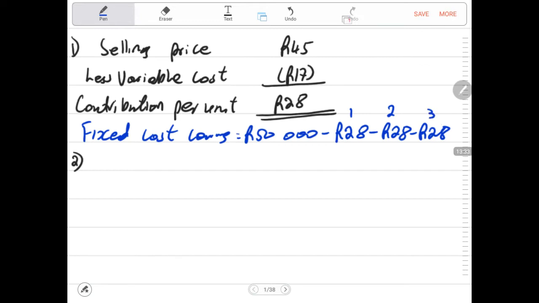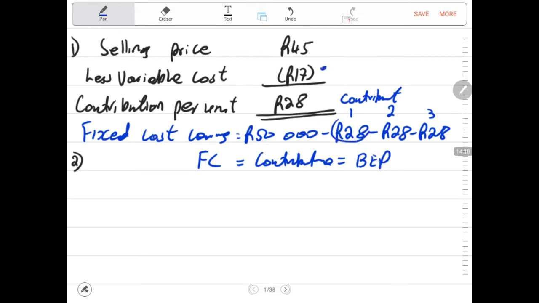We take that remainder after variable cost have been taken into account, and we deduct it from our fixed cost, because fixed costs were not yet covered here. It was only the variable cost. Now what does that mean? It means, remember, all these 28 Rand, they are what we call contribution. That means when fixed costs are equal to the contribution, then the company will be at the break-even point, because remember, variable costs are already covered.